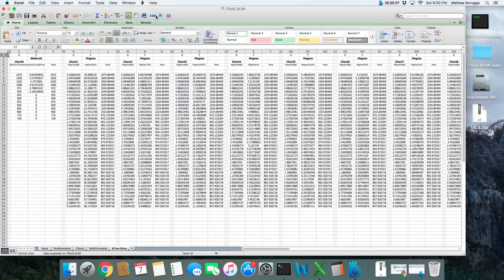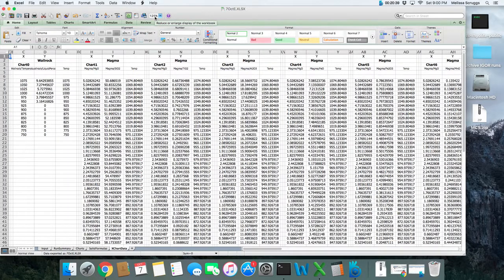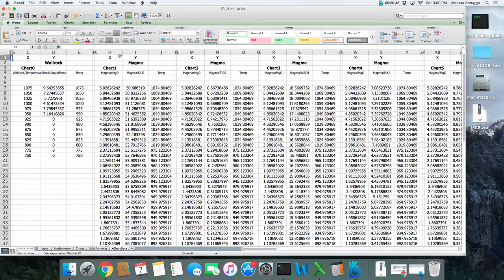So if I zoom in a little bit, here in column H, for chart 1, this is the weight percent MgO in the magma. The next column is the weight percent SiO2 in the magma. And then the next column is the accompanying temperature for those two compositions. And you could effectively just highlight these and generate a new graph straight from this data.